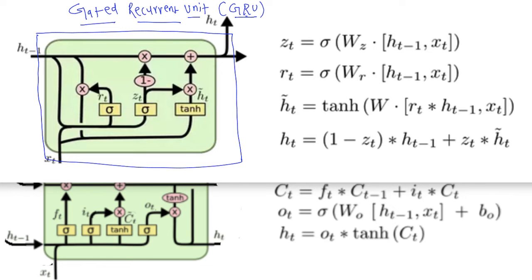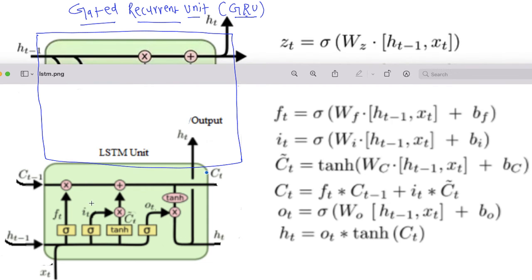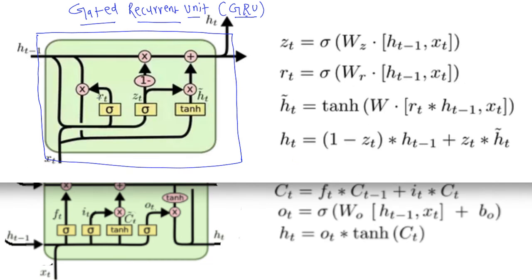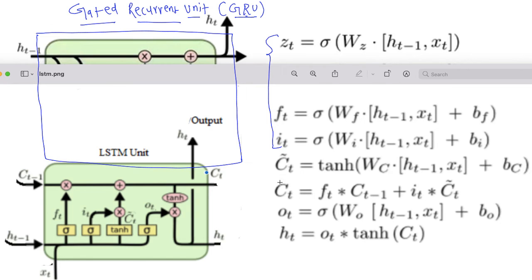If I show you LSTM, so this is LSTM, right, which we have already discussed in the previous video. So this GRU is the simpler version of LSTM. It is simple because if you look at the equations, here we have only 4 equations in GRU, and in case of LSTM, we have 6 equations here, right?